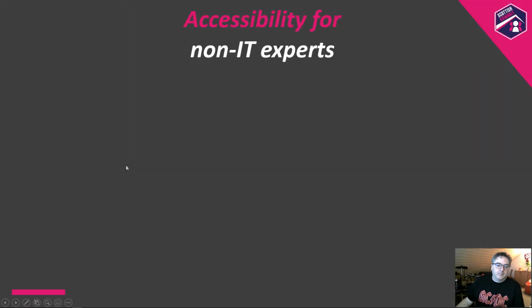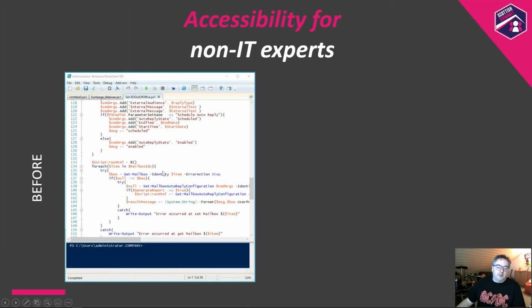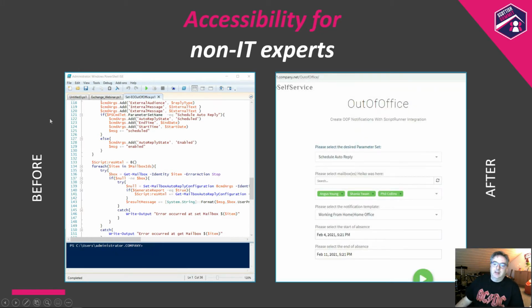And so you could say one of the goals is to change something that is very technical, like this script here, into something that you can maybe even integrate into an existing self-service portal and make use of. So here we see an example for an out-of-office management for Office 365.